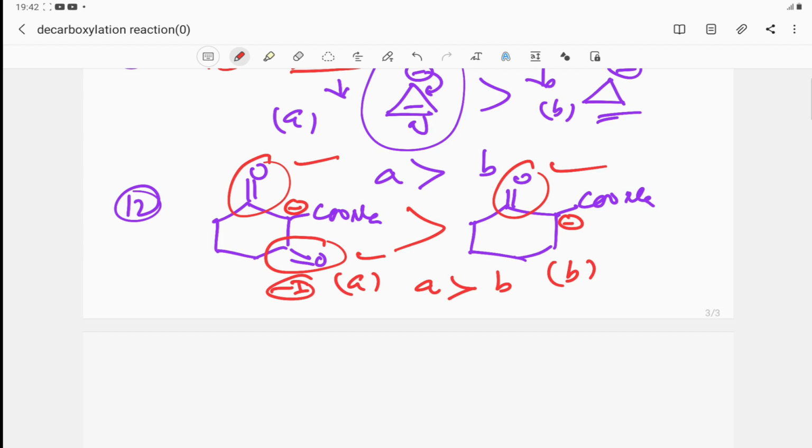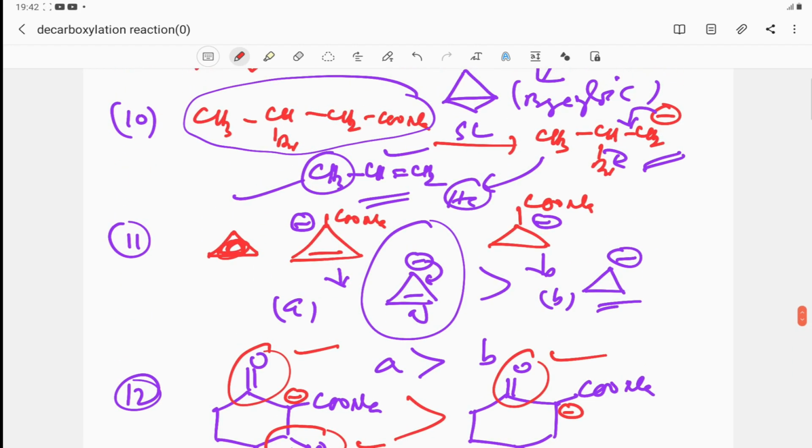That's why the stability of the carbanion gives the result of alkane. In both cases alkane is formed, but in some cases rearrangement also takes place. We have discussed this example also. You see here alkene is produced instead of alkane because of delocalization. So it depends upon the nature of the carbanion produced and its stability. In this topic we discussed so many examples of soda lime decarboxylation. I hope you understood these videos, the mechanism and different applications of the soda lime decarboxylation reaction.